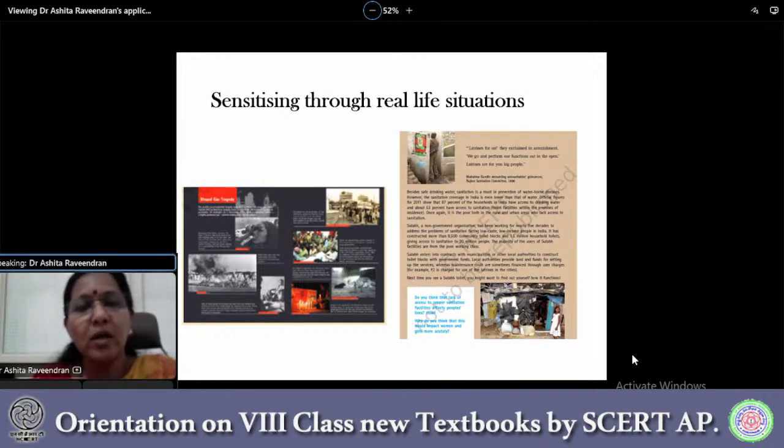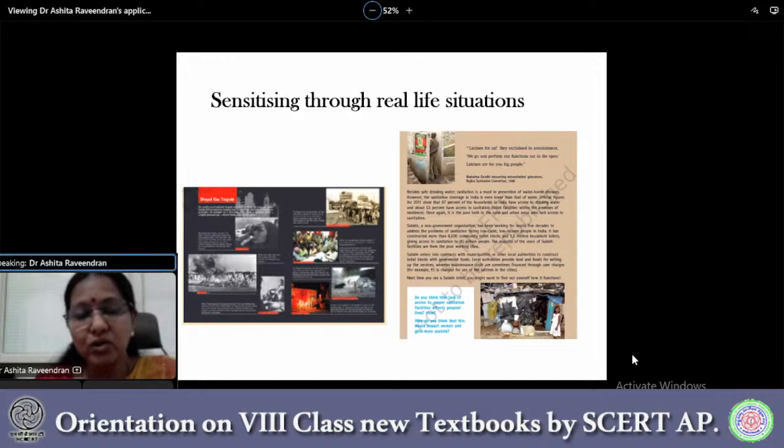This is very important: we have already stated that social sciences deal with real life situations. We also need to sensitize them to real life situations, whether it is poverty or sanitation. There are many such examples in the textbook.